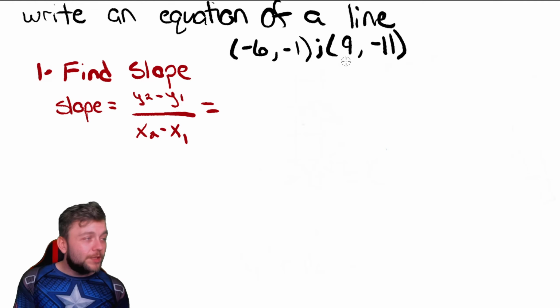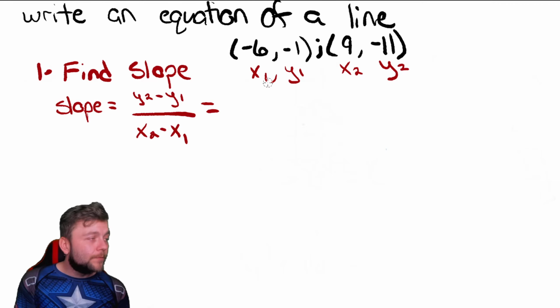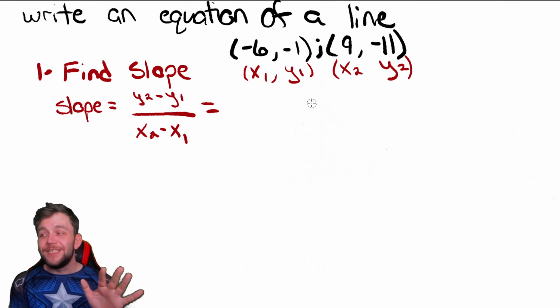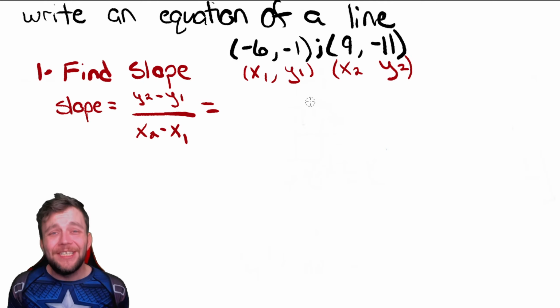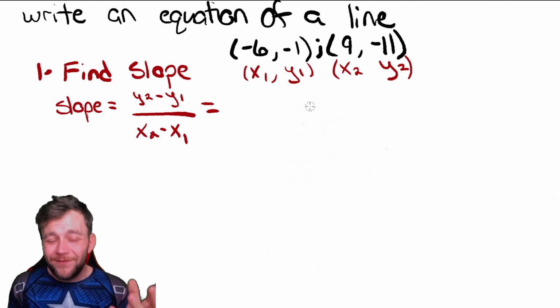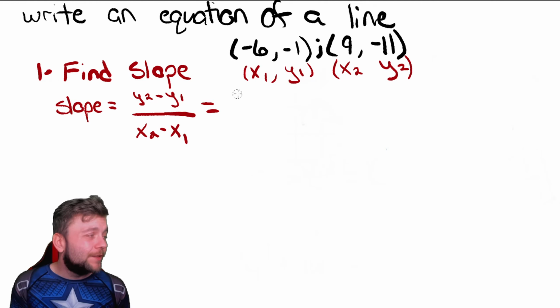Let's put all of our numbers in there, x2, y2, x1, y1. I like to over-label things. It doesn't look as neat when we're done, but it makes it a little bit easier. My brain doesn't have to store any of this information.